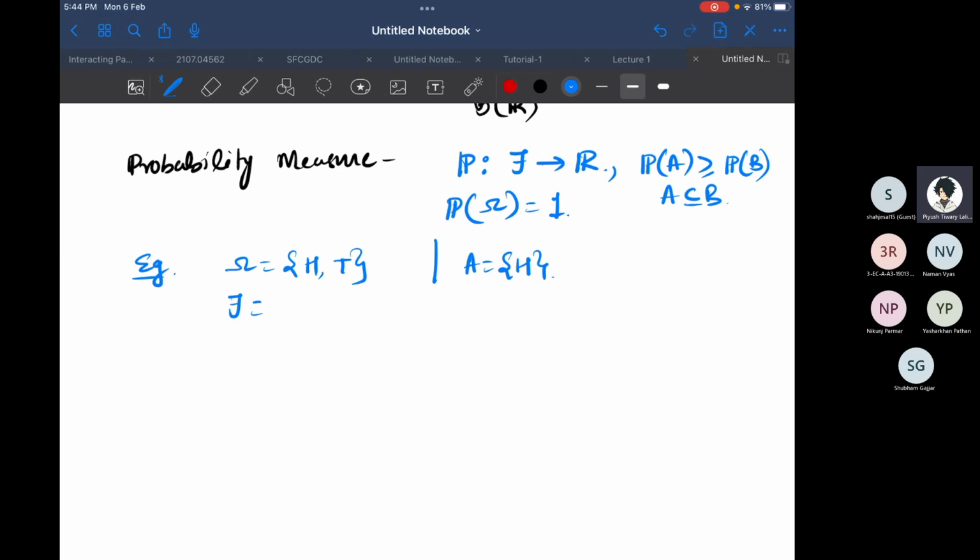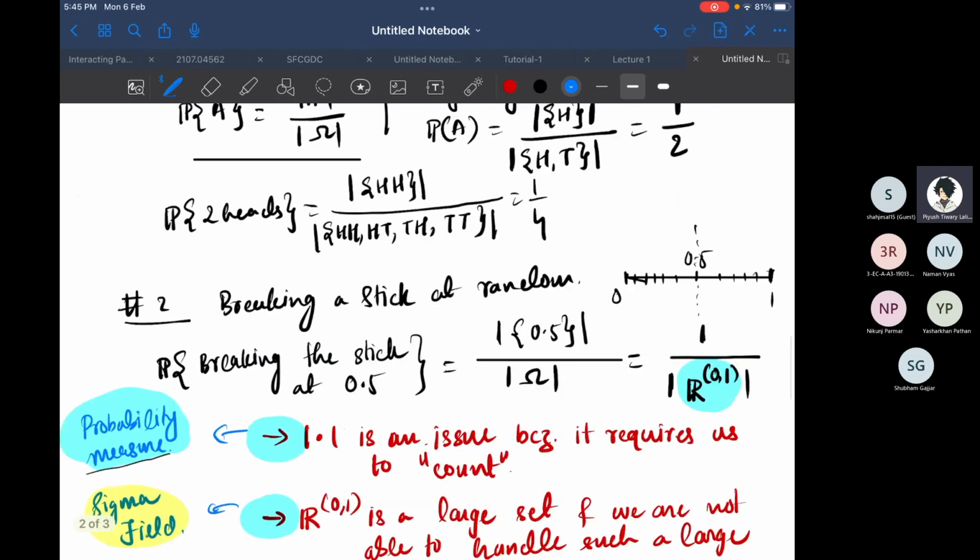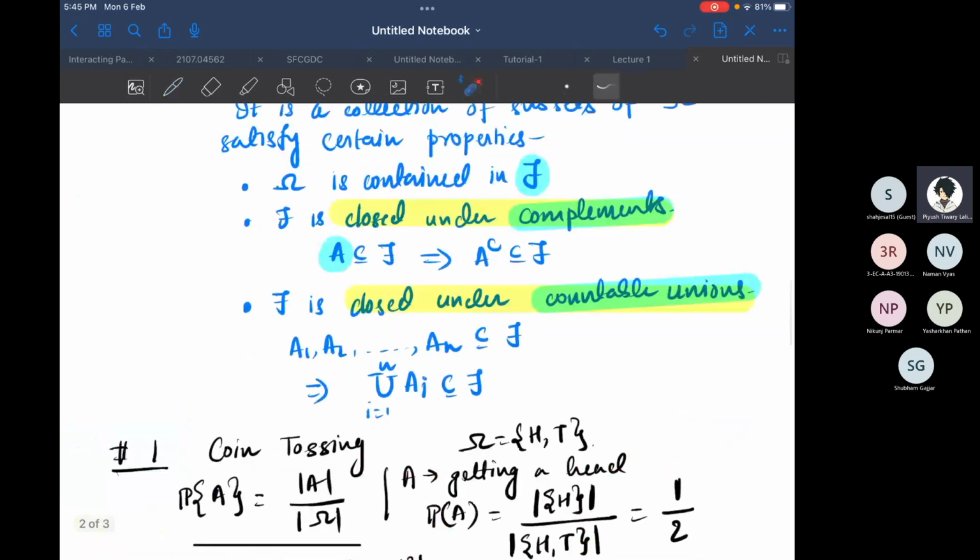Someone comes and tells me this is the event that is of interest to me, the coming of heads. Now give me the sigma field that you said you will give me. So I said, okay, you have A as your element. Now I look at the definition of a sigma field.